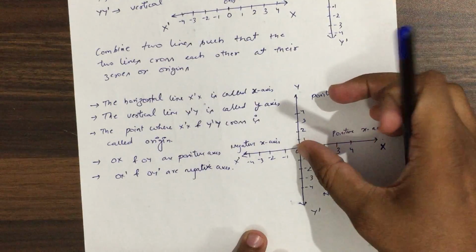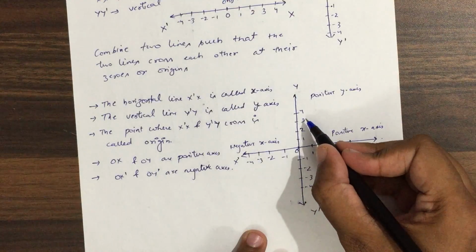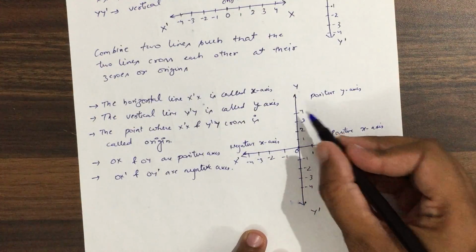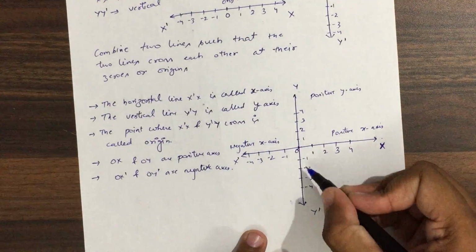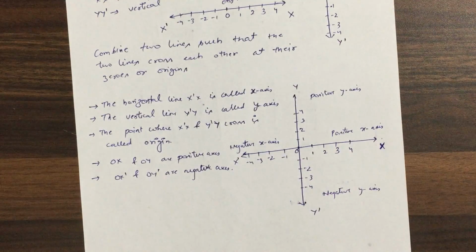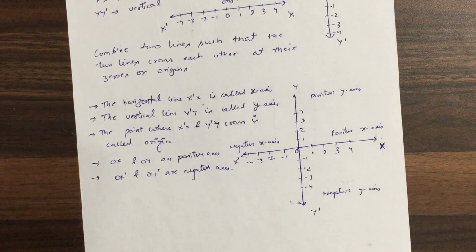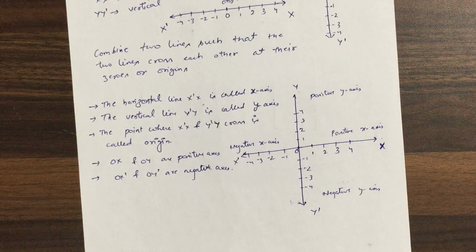Similarly OY contains positive values, so it is called the positive y-axis. Similarly OY dash contains negative values, so it is called the negative y-axis. I hope this is clear to you now. The Cartesian system is simply a combination of two lines, one horizontal and one perpendicular and vertical.